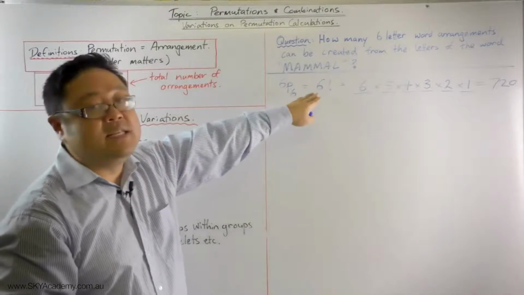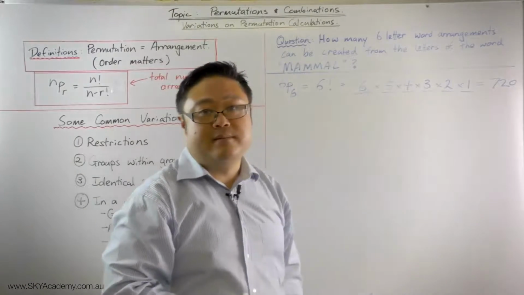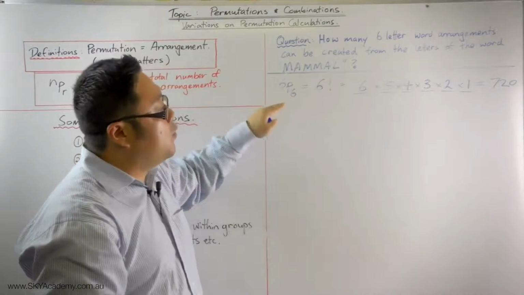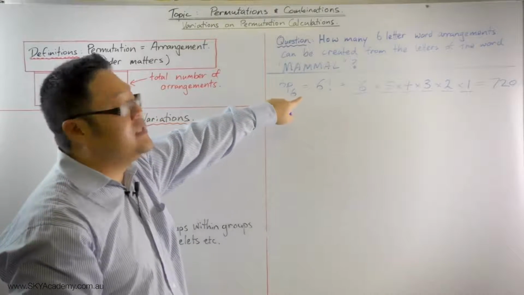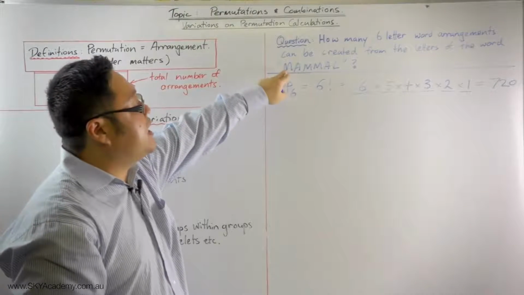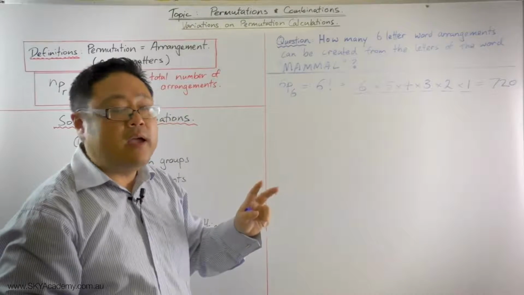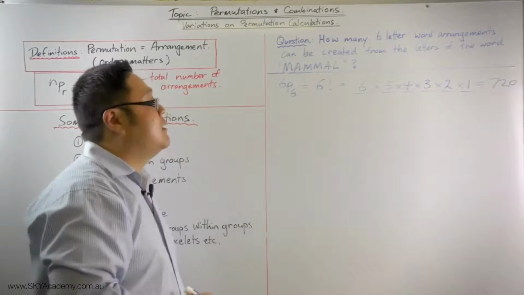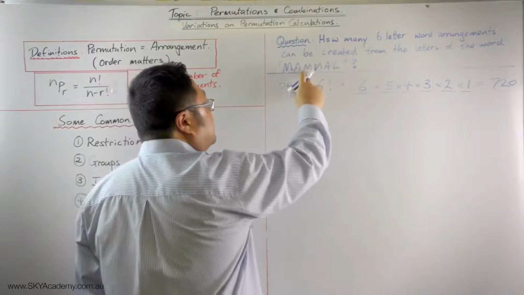So that's basically 6 factorial arrangements. Good. What I want you to notice is that this is for 6 distinct letters. We are going to take the letters of the word MAMMAL, and we're going to make each letter distinct. So we're going to make this M distinct from this M.